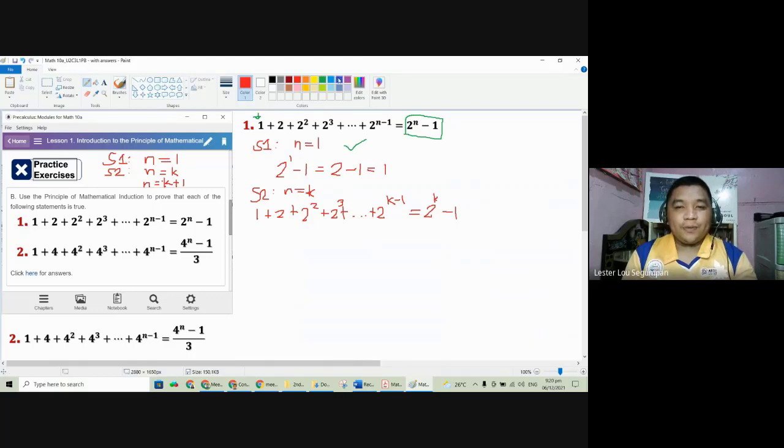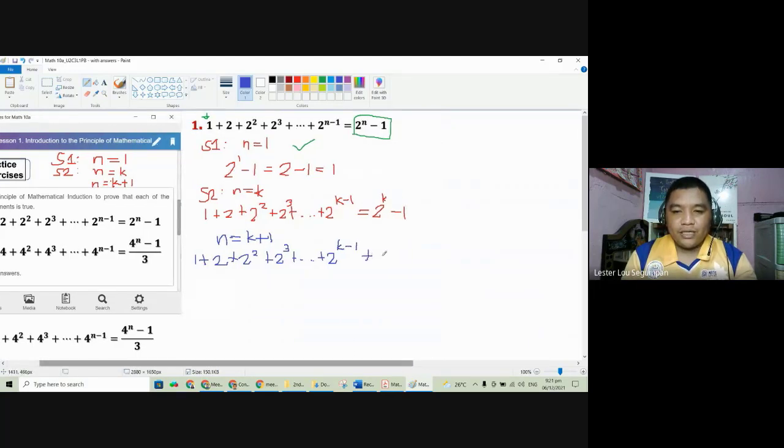To show the expression that we are going to prove later, we simply need to add another expression here that explains the next value of the term when n is equal to k plus 1. So this will become 1 plus 2 squared plus 2 cubed plus dot dot dot plus the original 2 to the k minus 1, and plus another expression here where k is actually k plus 1, and then you have minus 1 still.